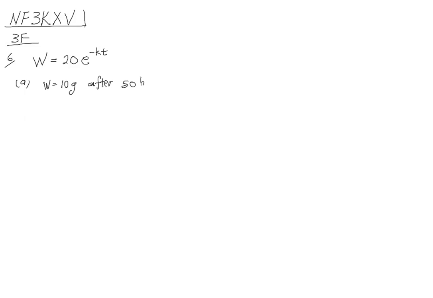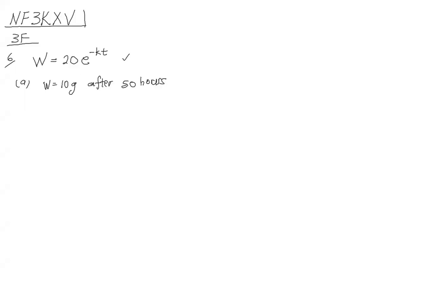So how am I going to use this to solve for K? So you must find out how many grams you have before the 50 hours? No, they say the weight is 10 grams after 50 hours. So how do you interpret this? How do you use this based on the formula given?